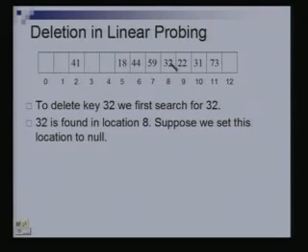So what should I do? Should I remove 32? Now suppose I just remove it by setting this location to null. Is this a good idea? No. Why not? Why is this not a good idea?